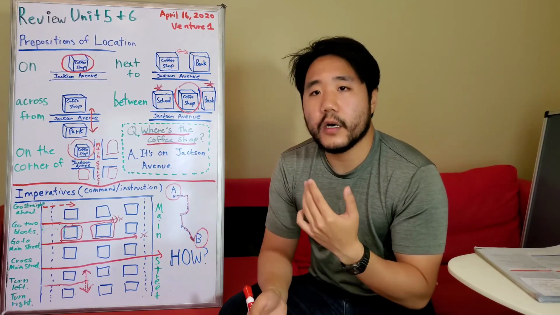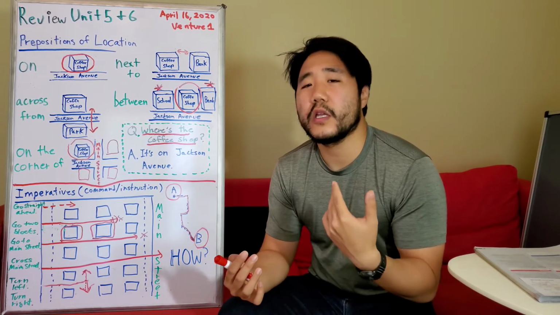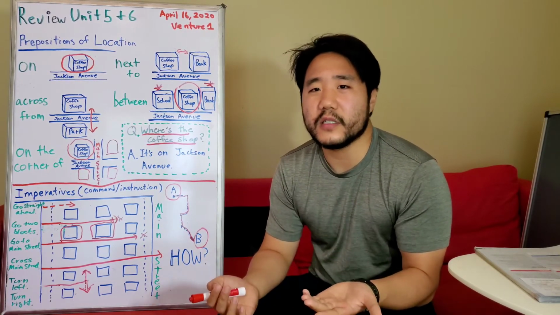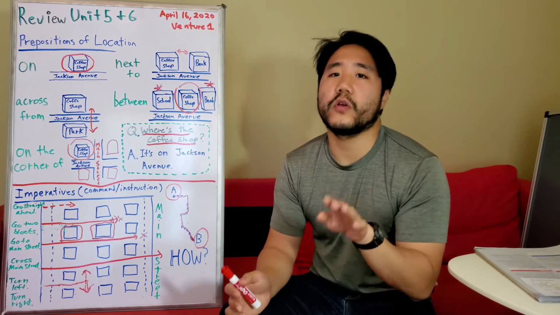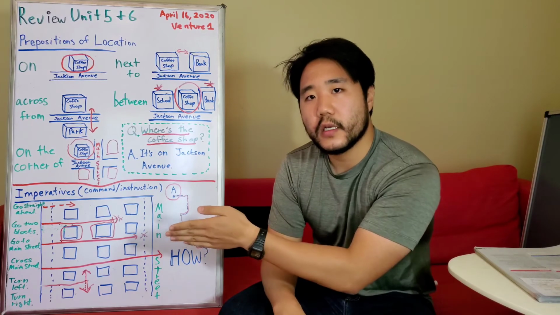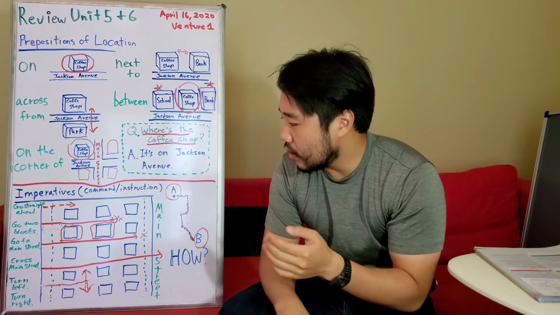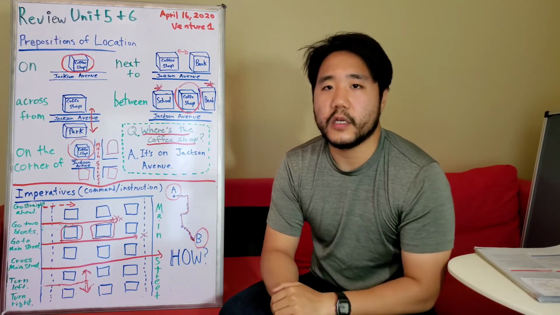And then the second thing that they're going to ask you usually is, so how do you get there exactly? How do you get there? That's when you have to tell them the direction. So you have to use, oh, you go straight, take a left, or go cross the main street, you know.